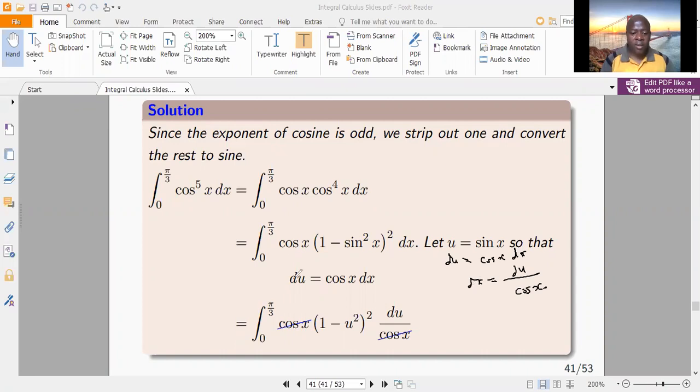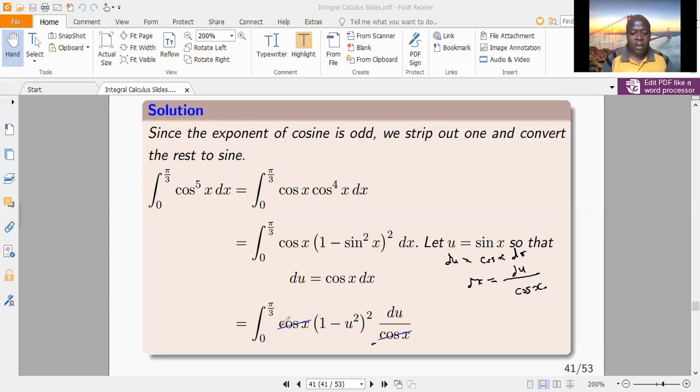And then come and substitute here, that where there is sine x, write u. So I have cos x into 1 minus u squared, the square of that. Instead of dx, write this. So this is what I have. Cos x, 1 minus u squared, the square of that, du over cos x.